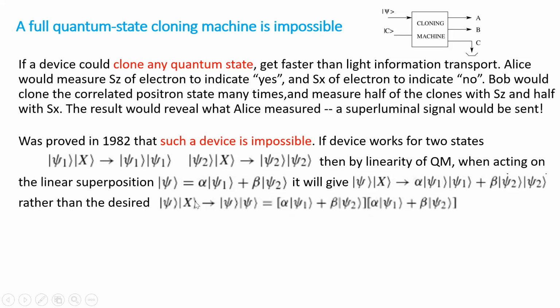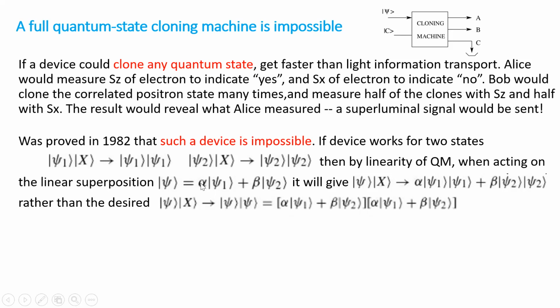What would be a copy would be if it gave psi, the state alpha psi1 plus beta psi2, times another alpha psi1 plus beta psi2. But that's different because when this is multiplied out, it gives 4 terms with cross terms and so forth. So because of the linearity of quantum mechanics, if it works for 2 states, it will not work for a non-trivial linear superposition of those 2 states.